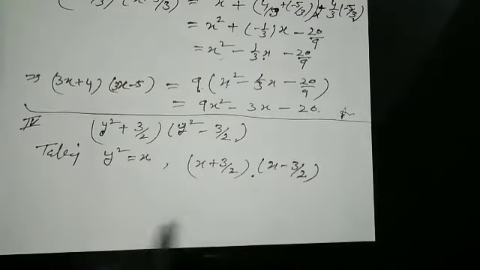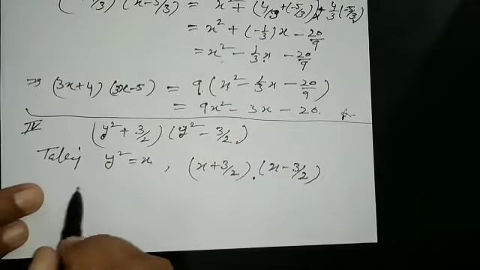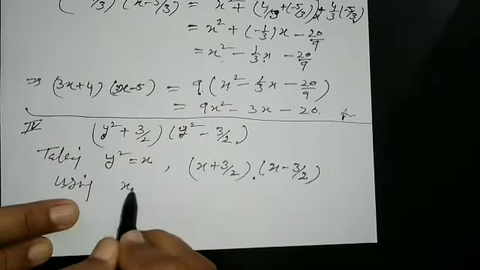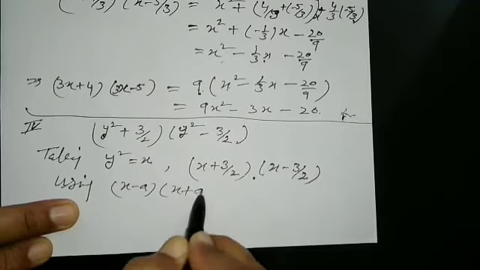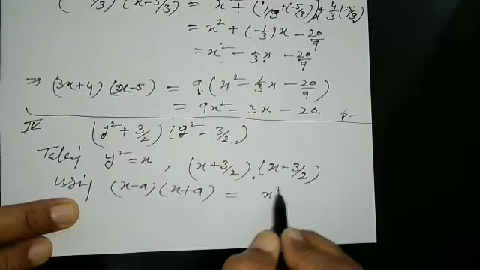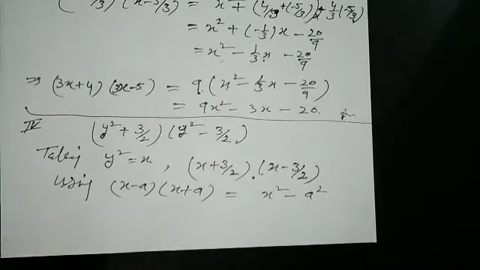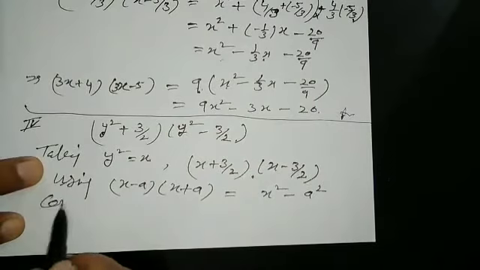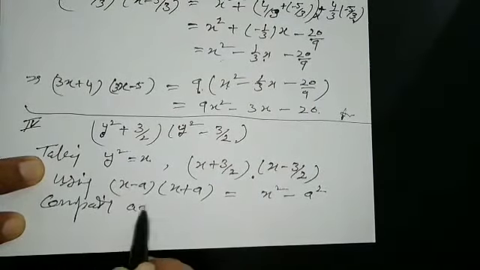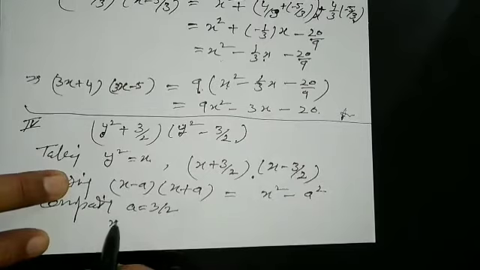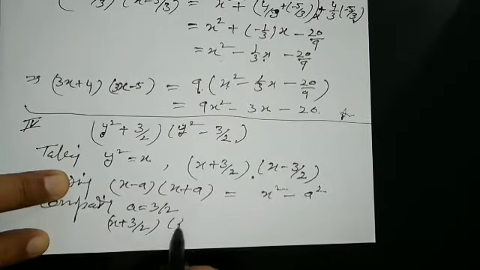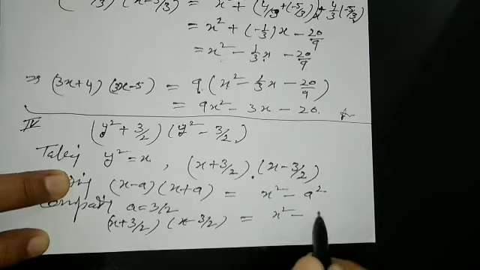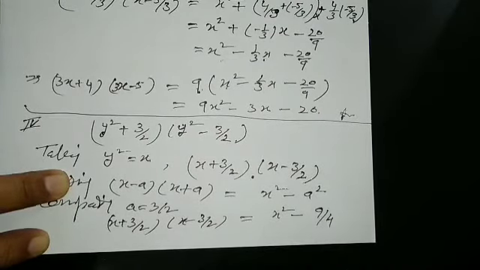So both can be used, but you will use x minus a, x plus a, right? That was x square minus a square, right? So comparing, you will get a equal to 3 by 2, and so x plus 3 by 2 into x minus 3 by 2 will be x square minus 9 by 4, right?